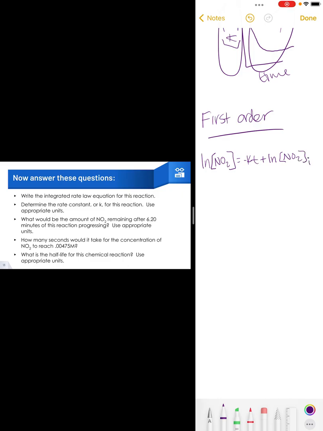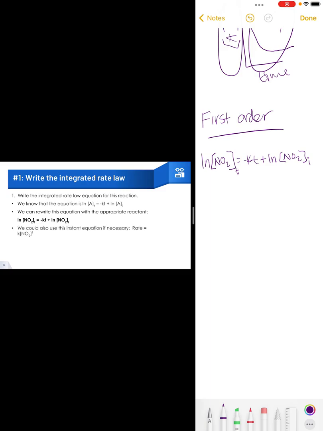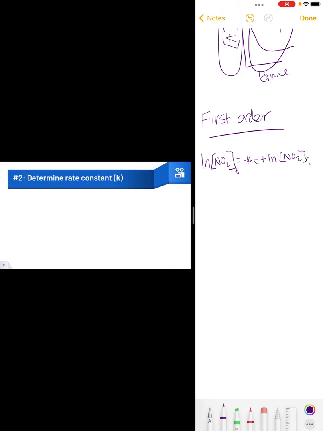I think this is initial, this is after a period of time. Okay, so I kind of filled this part in for you just now. So it looks like that. Okay, so number one is done.